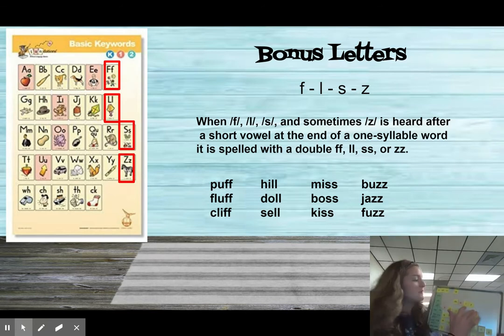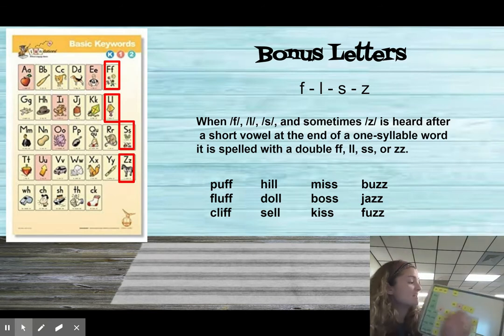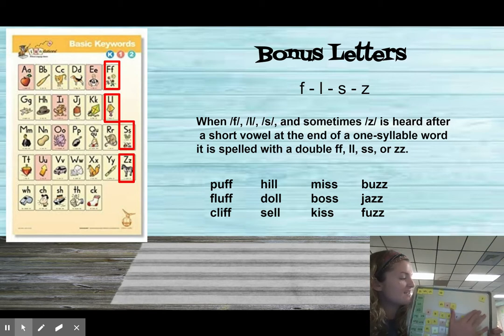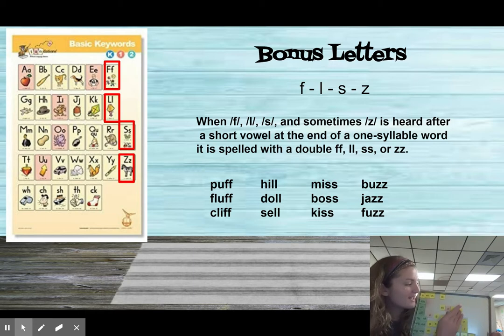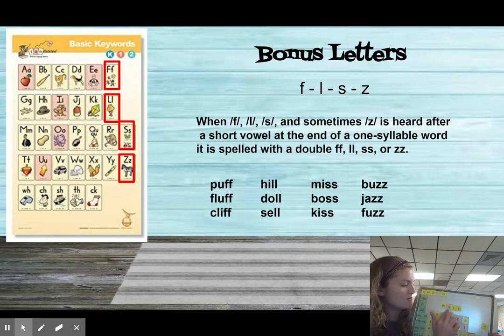Now, normally, if it was just shell, sh, e, l, because the l comes after e, it would get that bonus L. But because lf is a blend, it does not get a bonus F. Okay, so that bonus letter only comes after a short vowel sound.